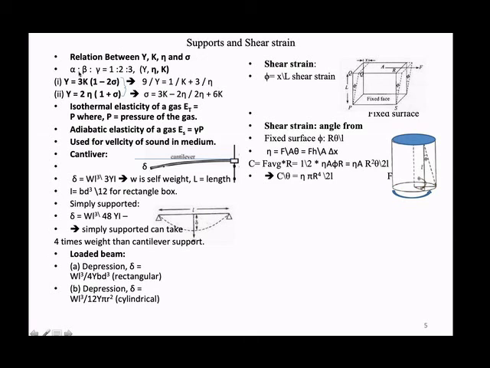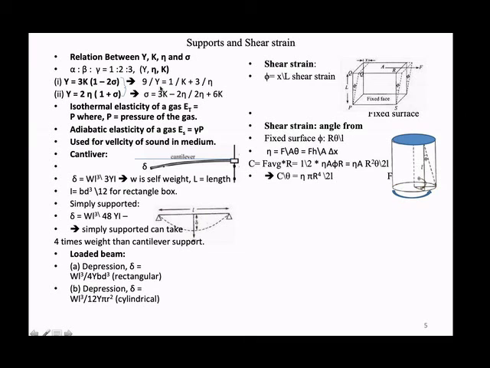If you take alpha, beta, gamma, the coefficients are in the ratio 1 is to 3 is to 3. If Young's modulus represents alpha, the bulk modulus is volume, so it represents 3. That is why it comes as 3K. So Young's modulus is 3K into 1 minus 2 sigma. Similarly, for rigidity, Y is 2N into 1 plus sigma.